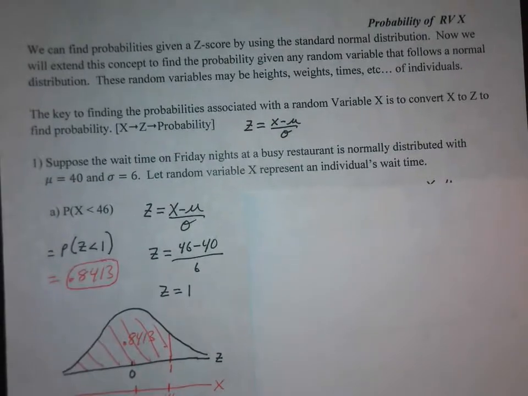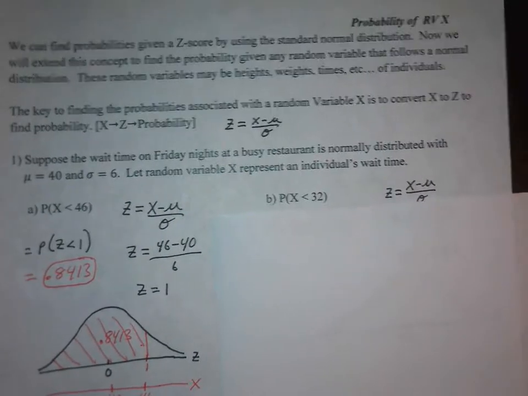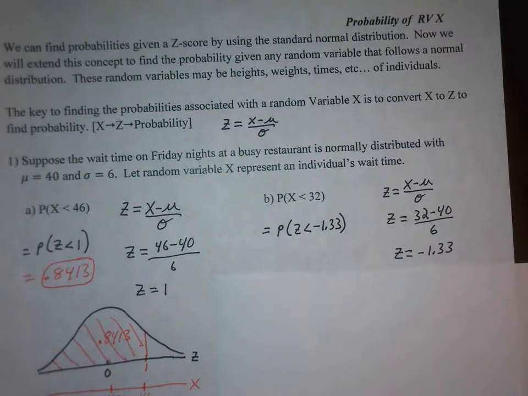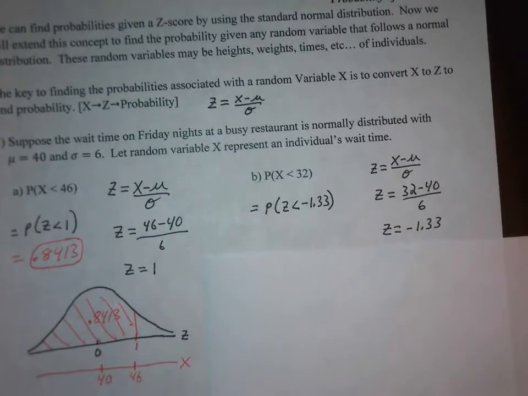The next one, find the probability that a wait time is less than 32 minutes. So that's when you, again, use your z-score formula, and you get a z-score of negative 1.33.